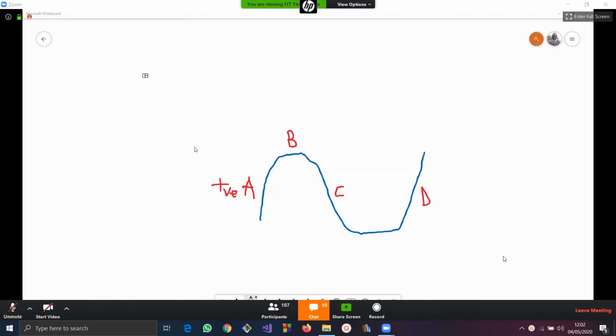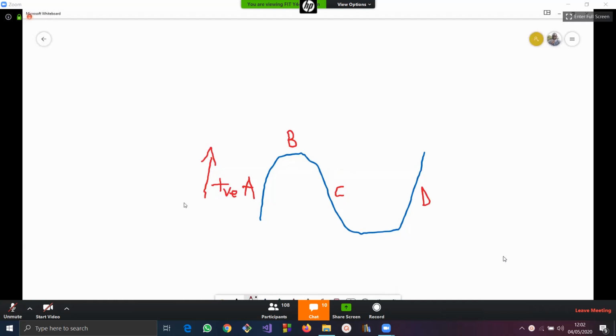Now, the derivative is positive at point A. What does it mean? A positive slope means that the curve is... just on the curve alone, is it rising or falling?